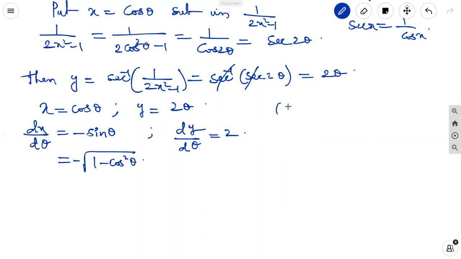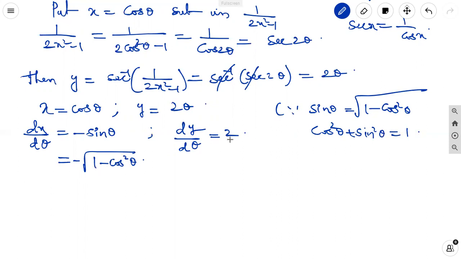By the identity we know that sin theta equal to under root of 1 minus cos square theta from the identity of cos square theta plus sin square theta equal to 1. Okay, so here in the place of cos theta we can write x. It is equal to minus under root 1 minus x square, that is dx by d theta.